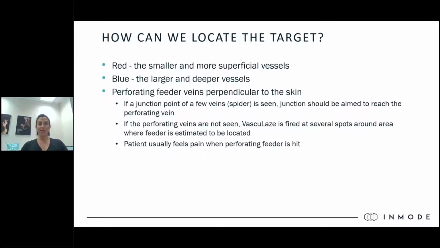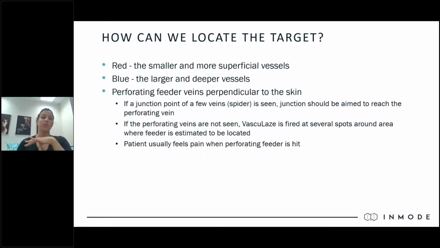The perforating veins are basically those that are approaching the skin. So if this is the skin surface, the perforating vein will come like this. It comes at a 90 degree angle to the skin, and therefore we cannot see it. The vessels that we're seeing are normally underneath the epidermis, wherever they're located, more superficial or deeper. They're parallel rather than at 90 degrees to the skin.